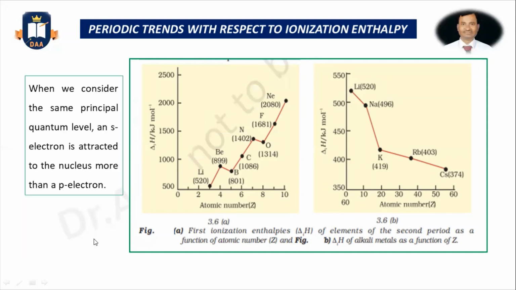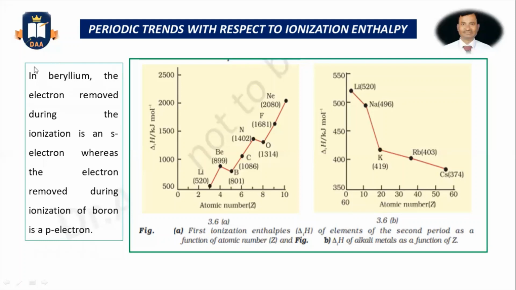Why will it happen? When you consider the same principal quantum level, because along the period, all outer shells have the same principal quantum level, an s electron is attracted to the nucleus more than a p electron. So what will happen?